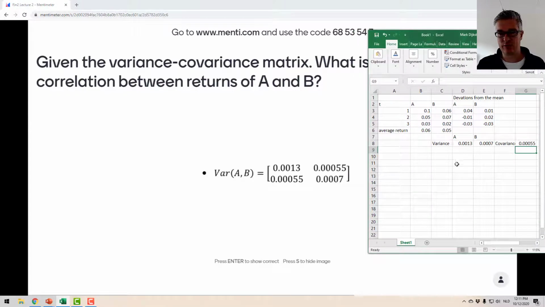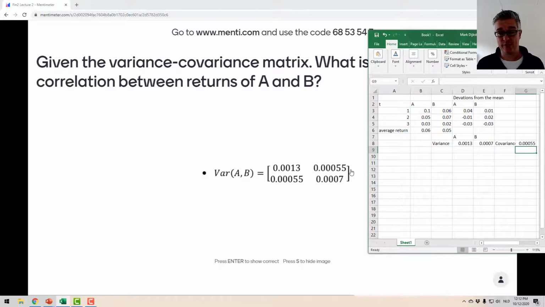As we saw before, we calculated the variance for A and the variance for B, and the variance-covariance matrix simply shows you the covariance between these pairs. The first value here is the covariance between A and A, which of course is the variance of A. This value shows the covariance between A and B, and here the covariance between B and A. Of course, the covariance between A and B is the same as between B and A, so these numbers are exactly the same. And then down here we have the variance for B.